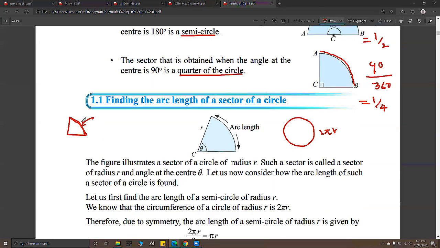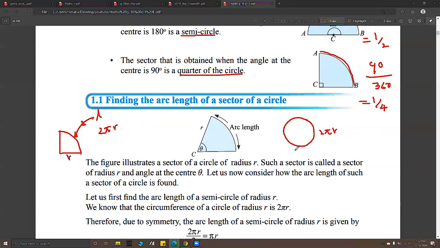Let's take this length as L. This is not a straight line, it is this arc. And this is R, and the length is L. In order to find the length of the arc, what you know is the equation 2 pi r.